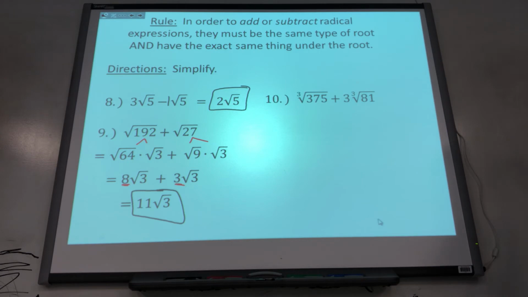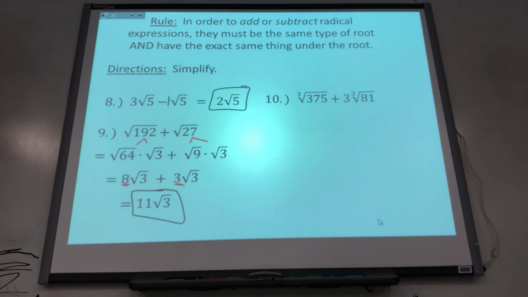This one says, cube root of 375 plus 3 times the cube root of 81. 375, here I go. I'm looking at cube roots, and I'm just going to start dividing them out.